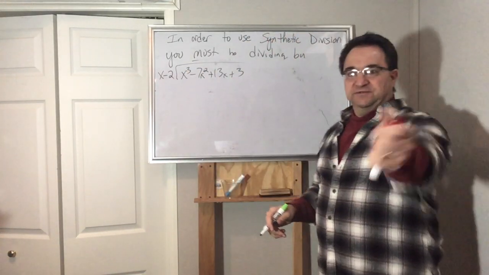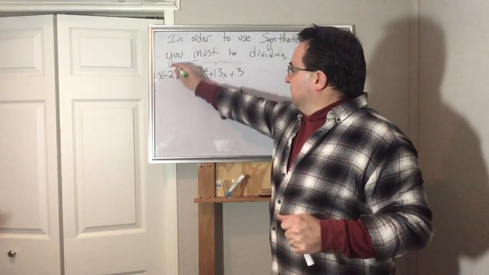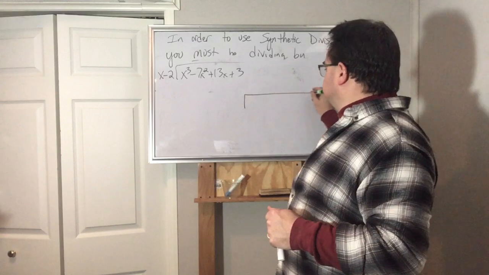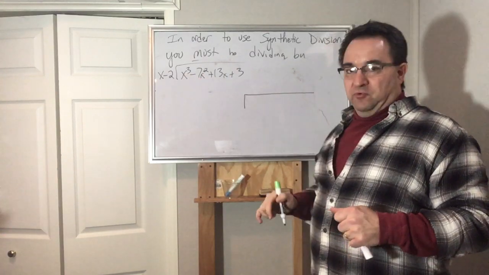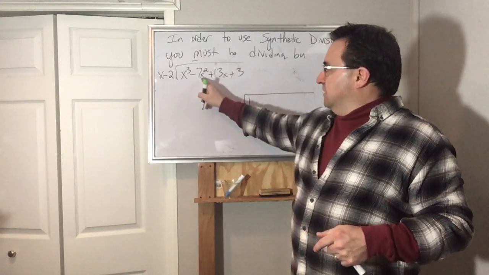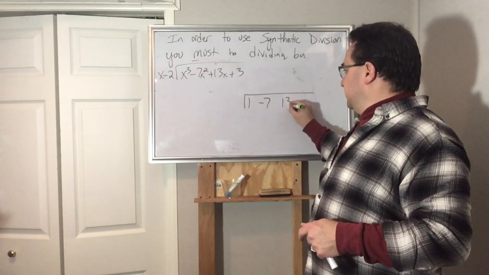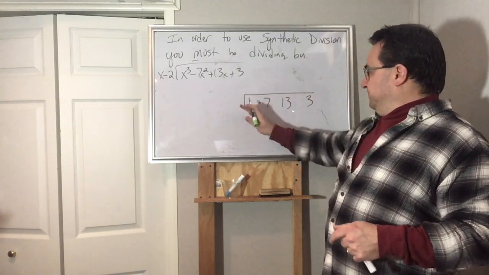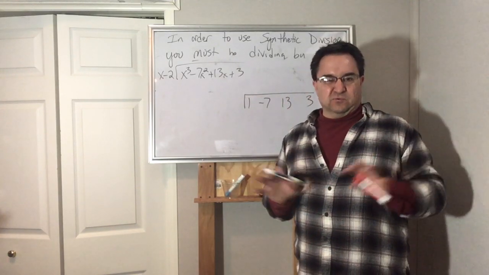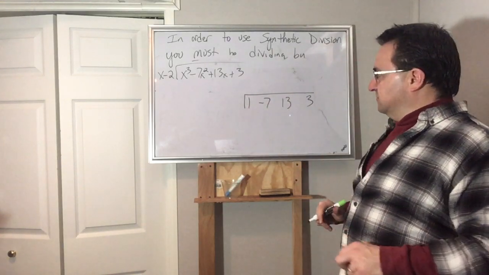So the whole point of synthetic is we're trying to streamline this. So what I do is I'm going to write this division, and I have to strip away all the x's. So I have 1x cubed minus 7x squared plus 13x plus 3, and put a little gap there so it doesn't look like a regular addition or multiplication problem. Space those out a little bit.